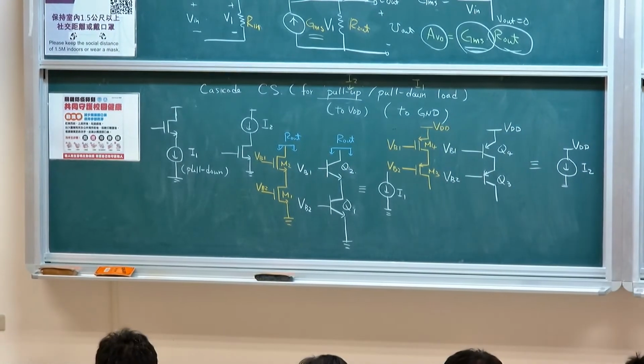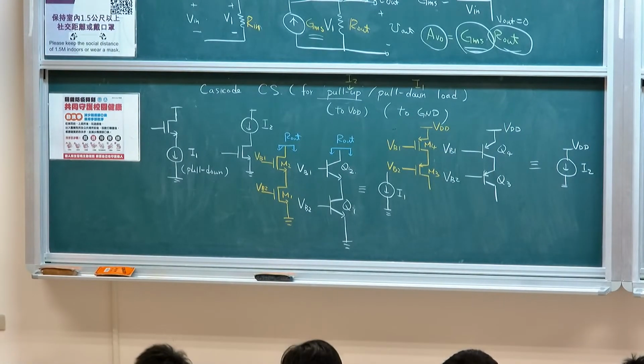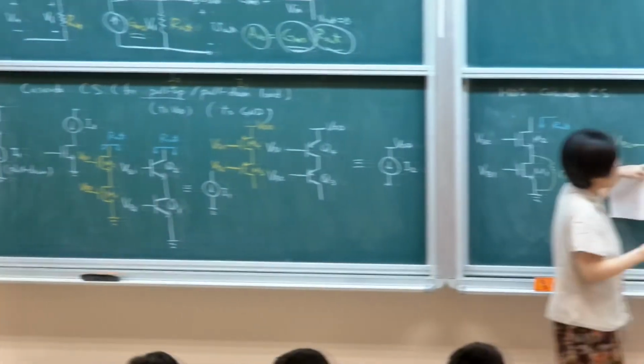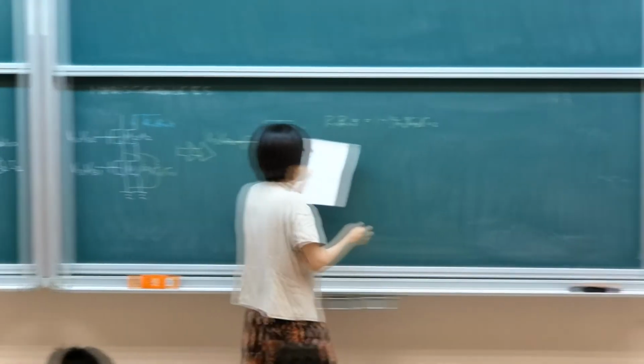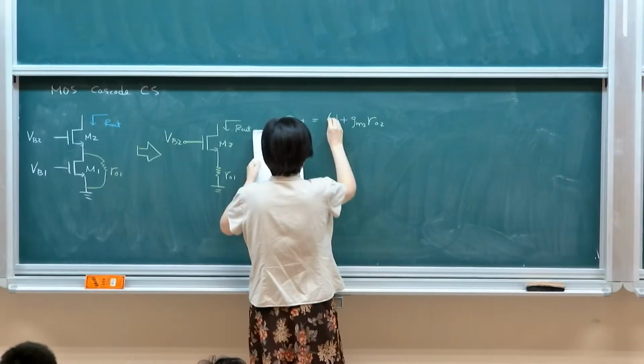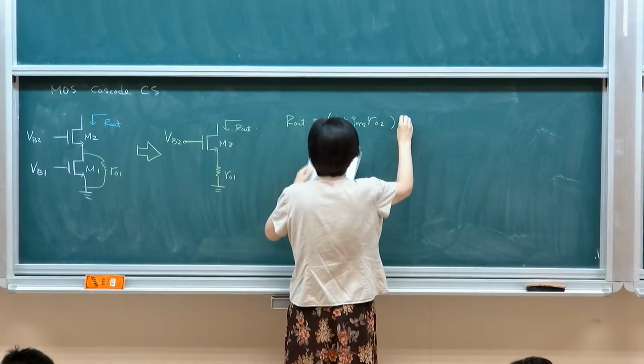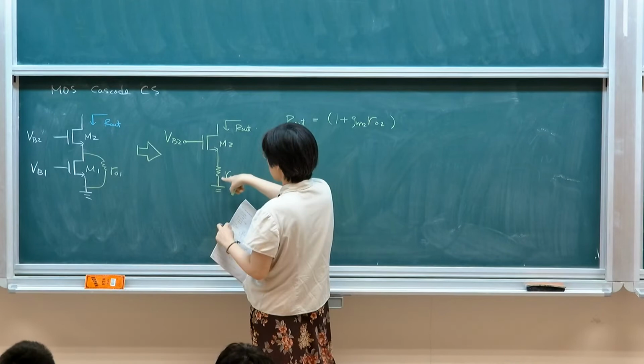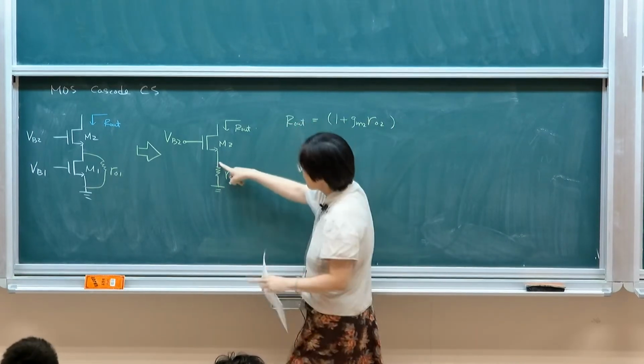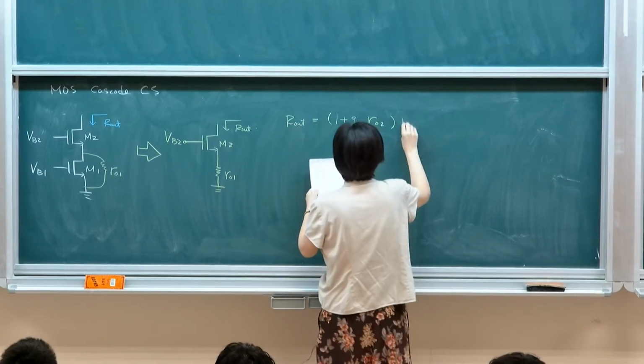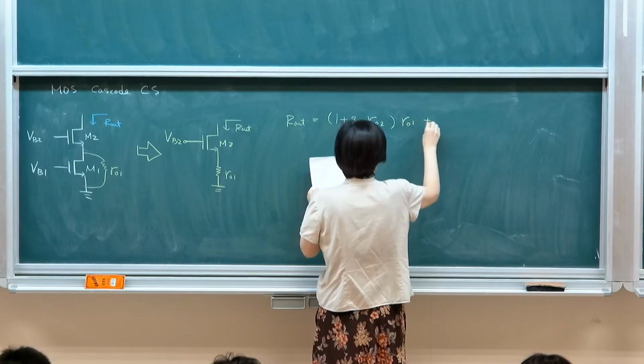So your output resistance, going back to check the equation, is 1 plus gm RO, for transistor number 2, amplifying RS, whatever you look at underneath. Remember, if this is an RS, this is RS. But now it's RO1 plus RO2.